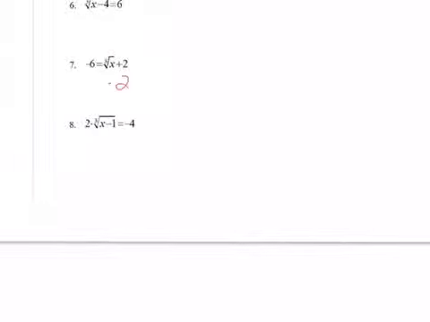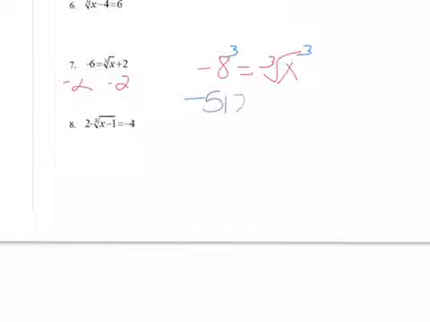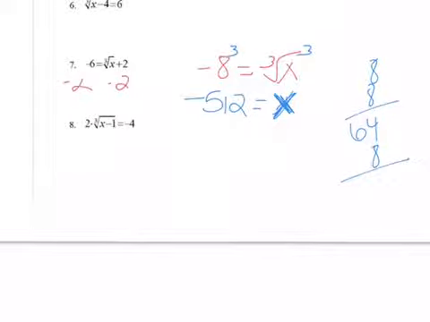Okay, in 7, I'm going to subtract 2 to both sides, then cube. So negative 8 times itself 3 times is negative 512. Because your quiz tomorrow is no calculator, if you weren't sure, you could do 8 times 8 is 64, then times 8 again. 8 times 4 is 32.